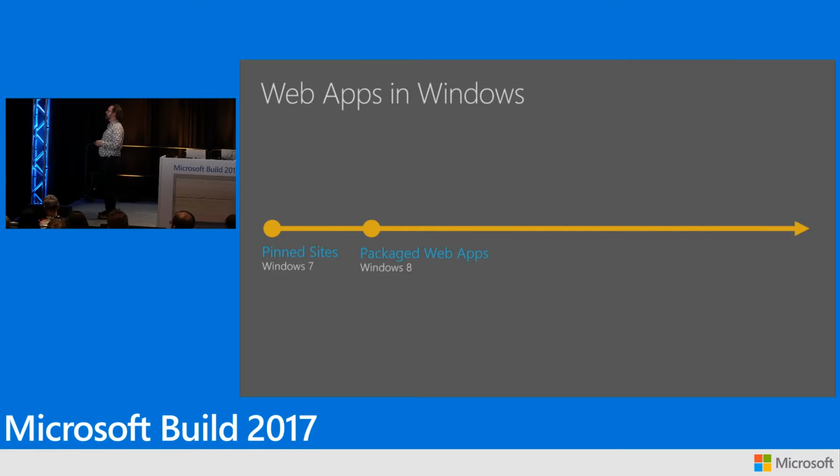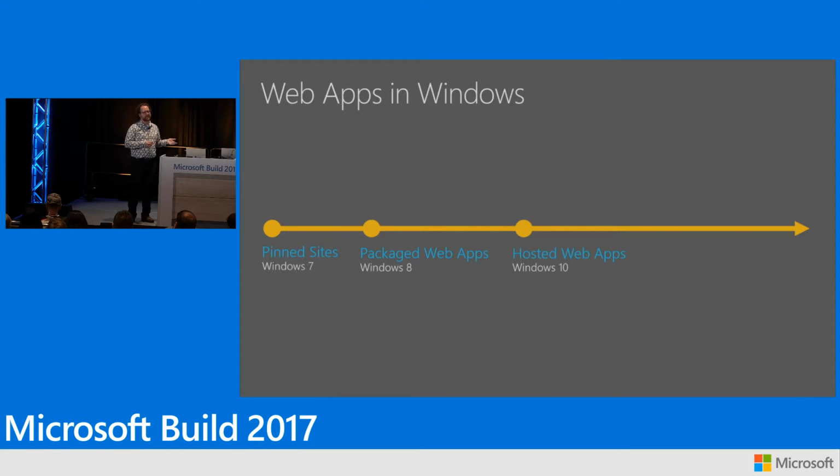And then, as I mentioned, we got packaged web apps, so apps written in HTML, CSS, and JavaScript in Windows 8. Then in Windows 10, we introduced hosted web apps, which enabled you to run wholly web-based products and distribute them via the Windows Store.